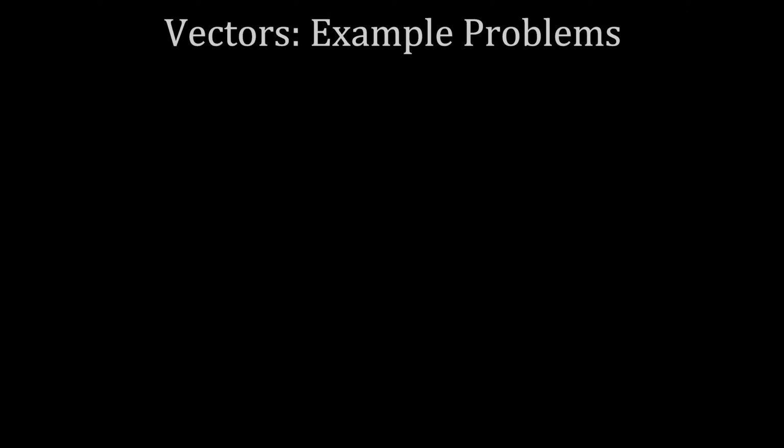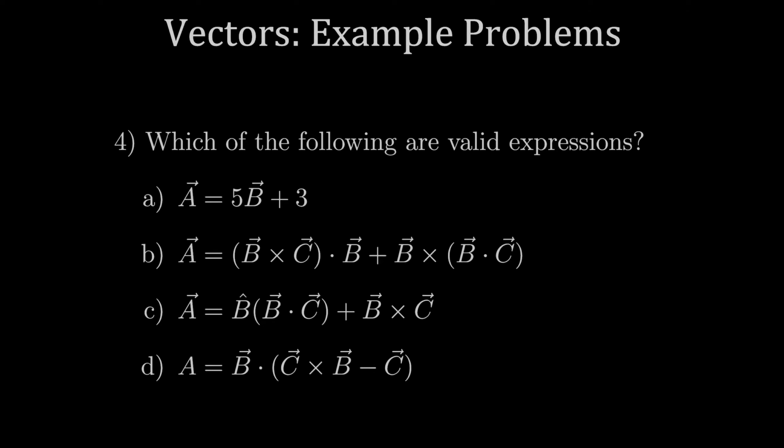For our fourth problem, I want you to take a look at each of these and determine which of the following are valid expressions. Pause the video and think about these. Welcome back. So here are the valid and invalid expressions. Letter A is not valid because we're trying to add a scalar, the number 3, to a vector which is not allowed.